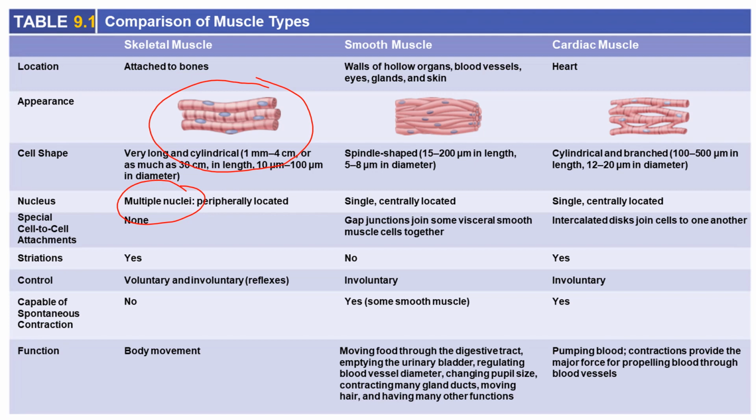For smooth muscle, they tend to have one nucleus per cell, and it's not peripheral, not on the edge, it's in a central location. And then for the heart, cardiac muscle also has one centrally located nucleus. So that's another way to identify these: looking at where the nuclei are.